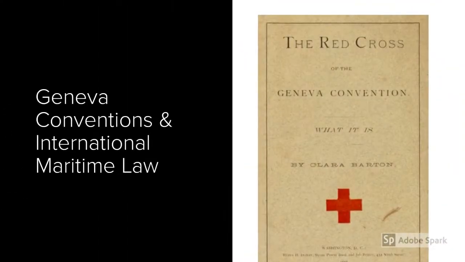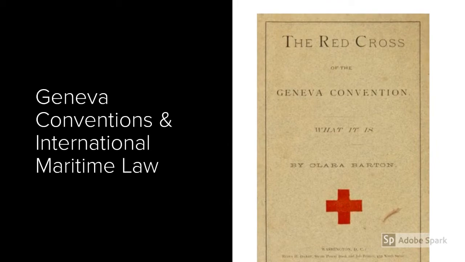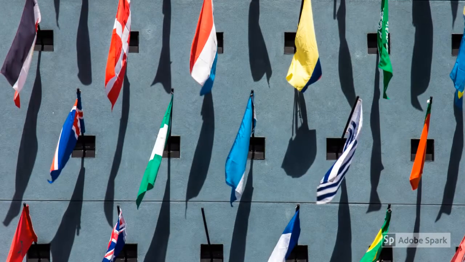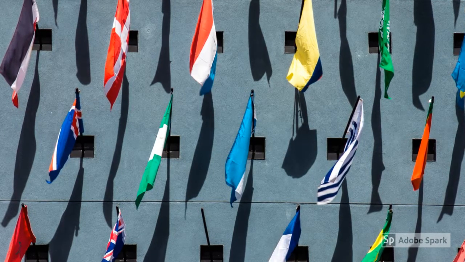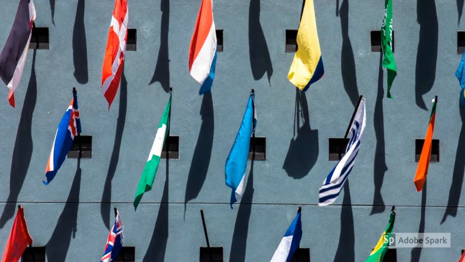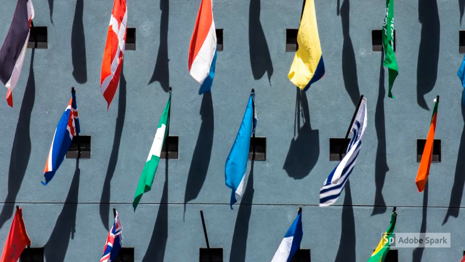The Geneva Conventions and international maritime law are examples of customary international law. However, state sovereignty can be an impediment to international instruments, as nation-states can opt not to follow international treaties and declarations.